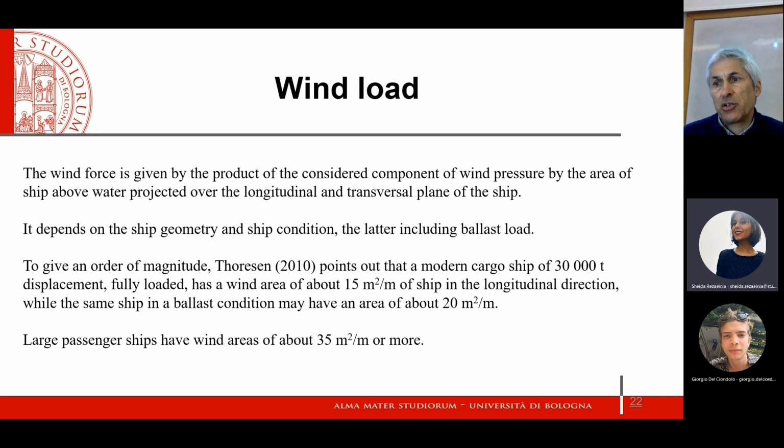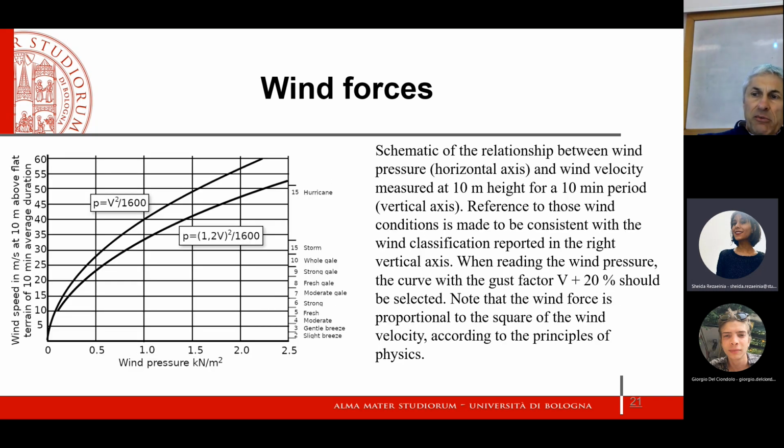And large passenger ships have wind areas of about 35 square meters per meter or more. So if you connect this information with the information given here about wind pressure, you understand the order of magnitude of the force that you may expect, which is something to be compared with the tonnage that we mentioned for the bollards when we started the lecture.